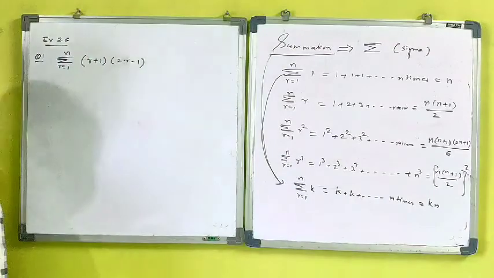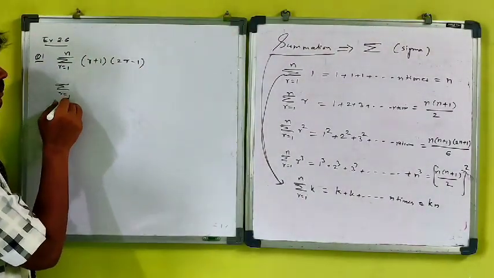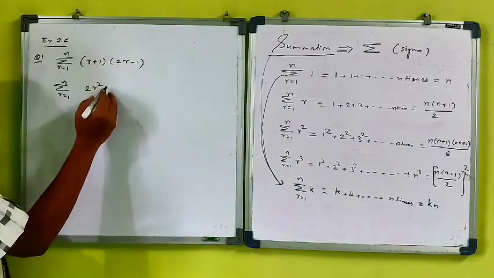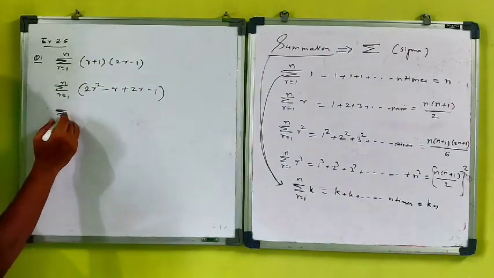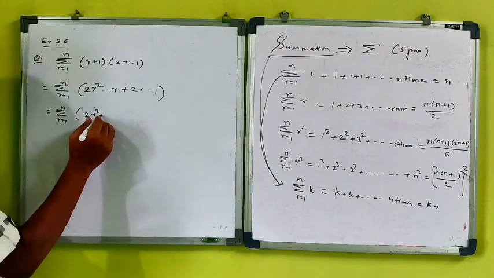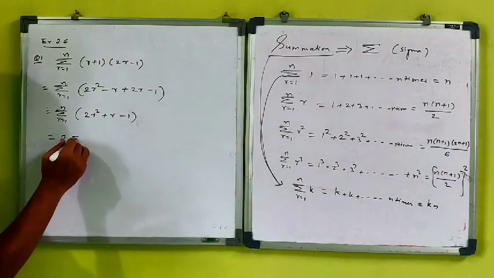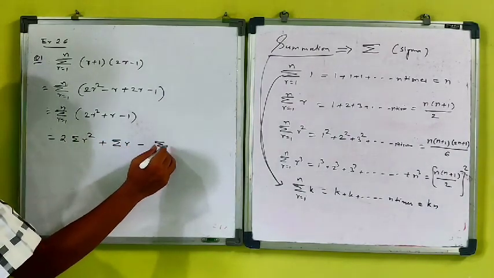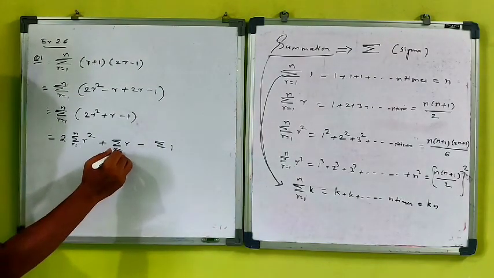The basic rule we apply is to multiply this out. Multiplying r by 2r gives 2r square minus r plus 2r minus 1, which is sigma of 2r square plus r minus 1. This is nothing but 2 sigma r square plus sigma r minus sigma 1, where r is from 1 to n every time.